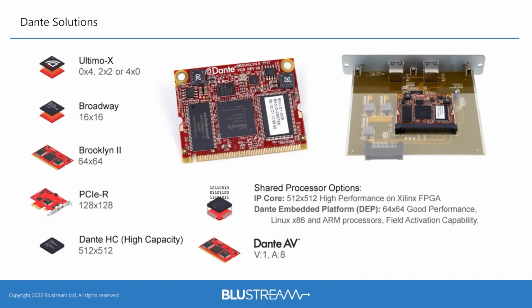But we know that today, most of our customers will be able to benefit from the ability to easily get in and out of the Dante ecosystem with smaller, more focused products using Ultimo. To that end, during the early days of the pandemic, we had the foresight to procure tens of thousands of those Ultimo chips that power many of our solutions today, which the net benefit was that Blustream was able to provide a steady stream of Dante solutions throughout the pandemic.